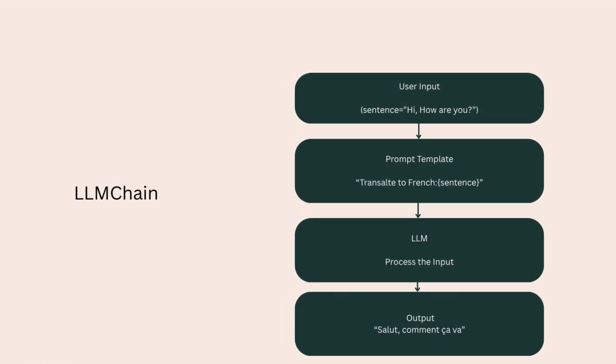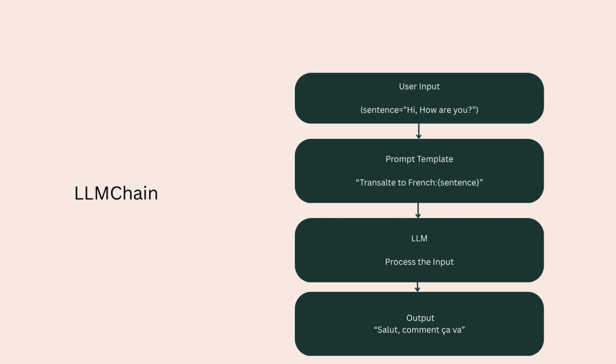So first is the LLM chain. The LLM chain is the simplest and most used chain. It connects a prompt template to a large language model. For example, if I want to translate some sentence, at that time we are using a prompt template. So in that workflow, first of all we need to pass the user input, that is the sentence.